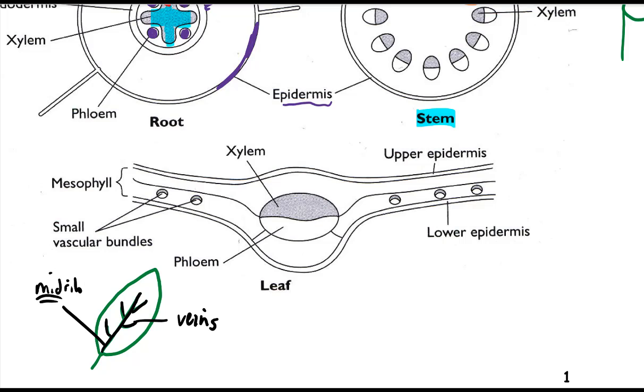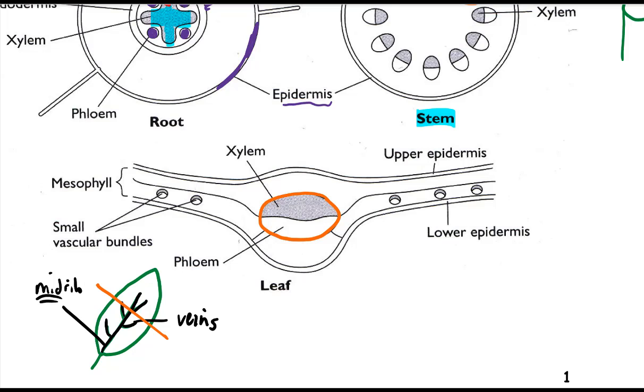So this diagram is as if you've taken a cross section there, and we can see the midrib in the center. So this is the midrib here, composed of xylem at the top and phloem at the bottom. And then smaller vascular bundles, which are the veins there.